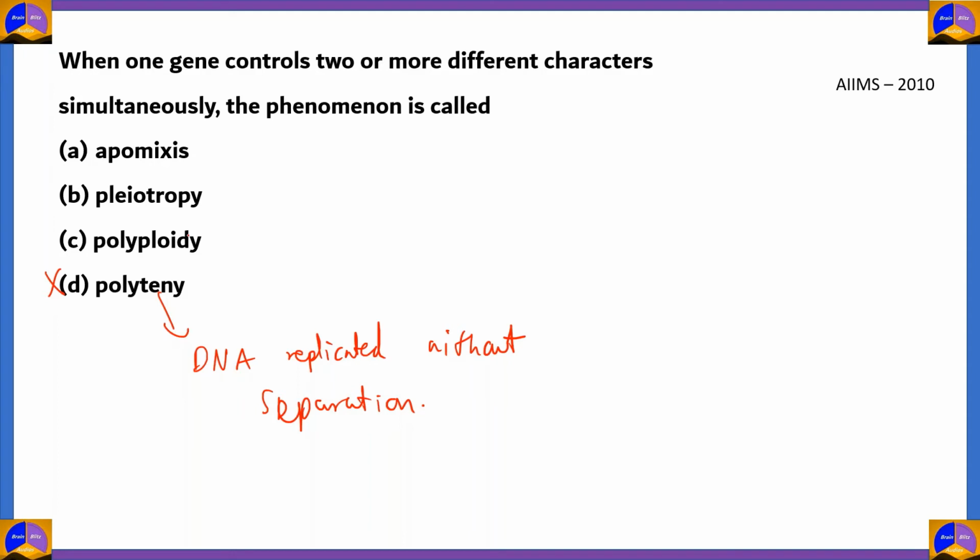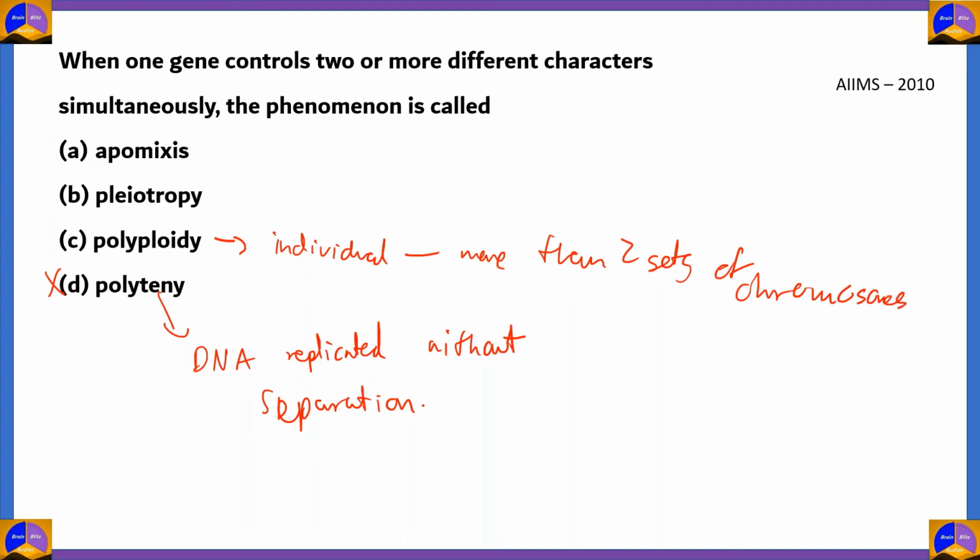What about polyploidy? Polyploidy is where the individual has more than two sets of chromosomes. So option C is incorrect. What about option A, apomixis?